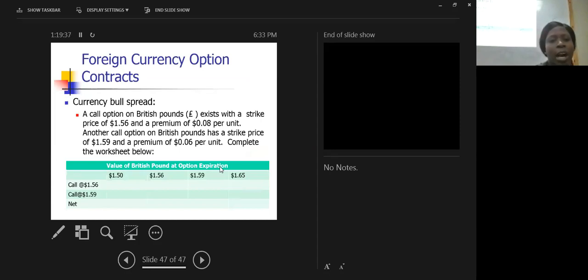A bull spread is a call and a call, with the second call exercise price higher than the first call exercise price. It doesn't matter because all you need to do is calculate the value. And you can try that one on your own, right?